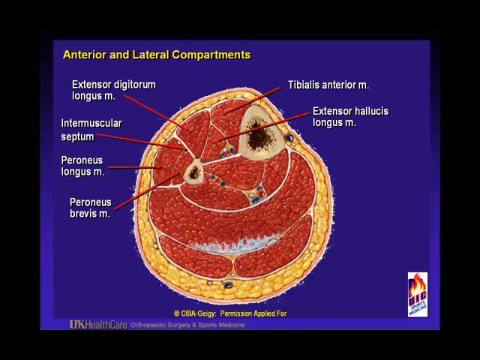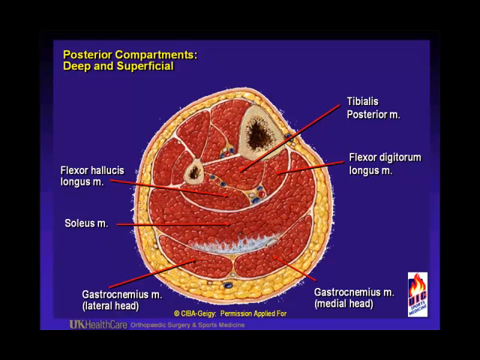The anterior and lateral compartments are shown. Lateral compartment, peroneus longus and brevis. There can also be a tertius in some situations. The anterior compartment, extensor digitorum longus, tibialis anterior, and extensor hallucis longus. The deep posterior compartment, tibialis posterior, flexor digitorum longus, flexor hallucis longus.